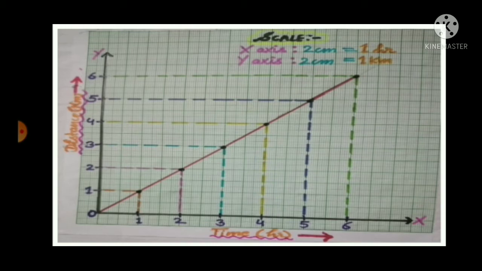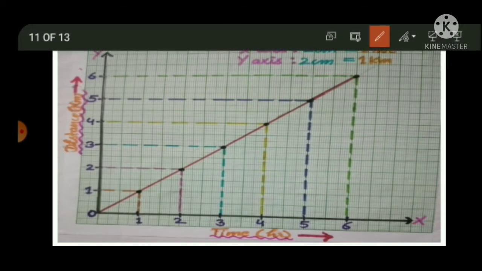For example, I have taken 2 centimeters for 1 kilometer, and 4 centimeters means 2 kilometers, and on the x-axis I have also taken 2 centimeters for 1 hour.